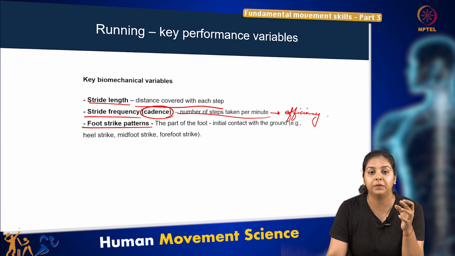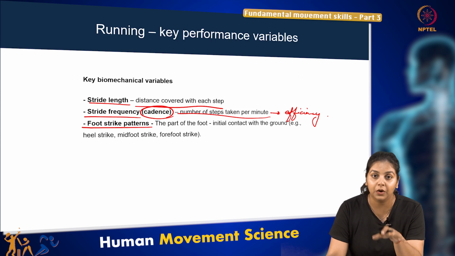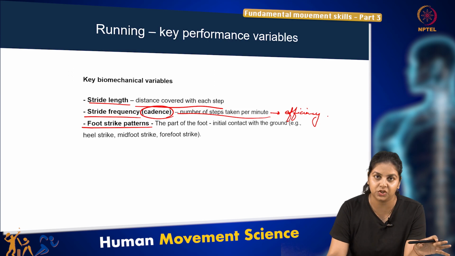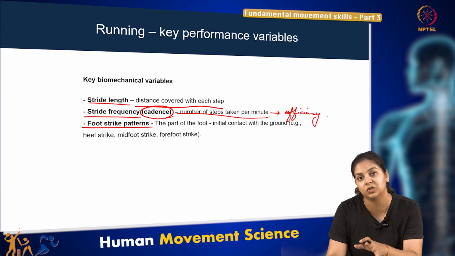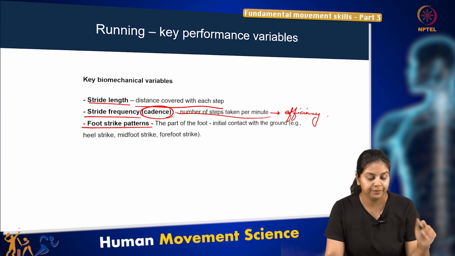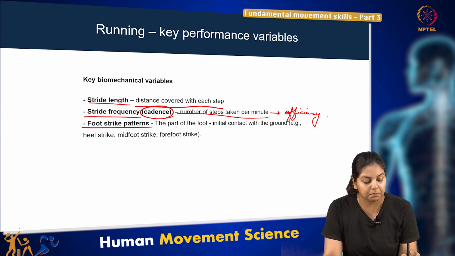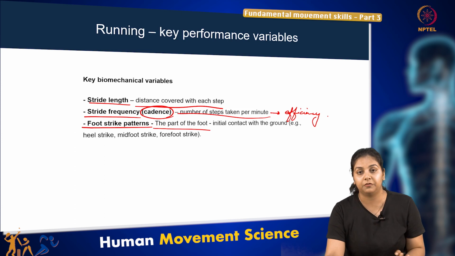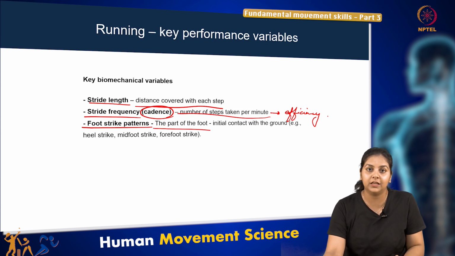I know all of you would be aware that how the runner lands is quite different. It's quite individualized, right? So it's quite important for us to understand how the runner is landing, because that completely changes the mechanics between those transition phases and of the stance phase. It is the part of the foot that makes the initial contact with the ground. If you're a heel striker, you would land with the heel first.